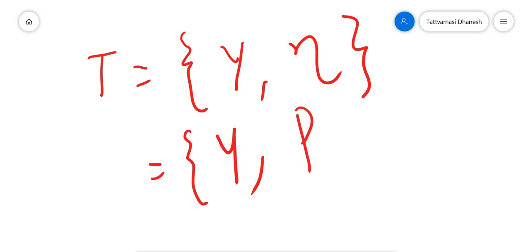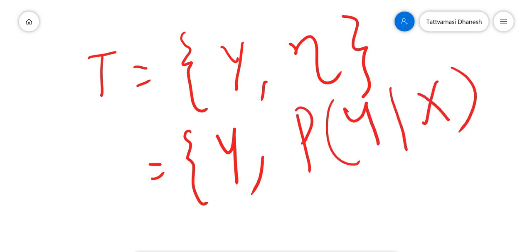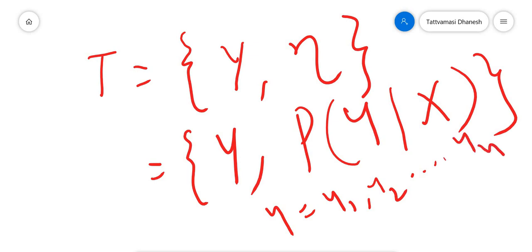It is the conditional probability of Y given X. So the task can be defined as a two-element tuple with objective function eta and the label space Y. And you can understand Y is equal to Y1, Y2, and so on up to Yn, and Yi is an element of Y. So here Y is the label space, and the objective function is eta.